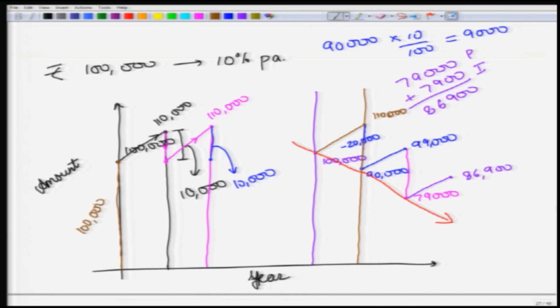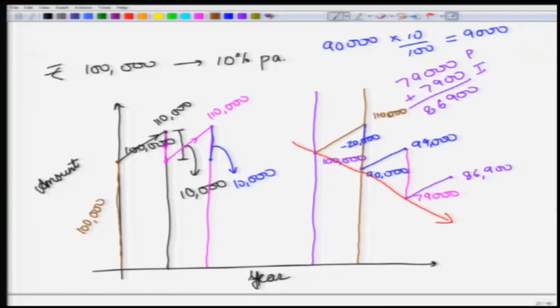So, if you were to clear cut the forest, if you were to extract all the amount that was there in your bank account, what would it be? So, this scenario is saying that the amount will be 100,000 rupees. At this point of time, the amount is 110,000 rupees. At some other point in between, probably it is 105,000 rupees, and so on. So, this is what the second meaning of yield talks about. If you were to clear cut the forest, what is the total amount of timber that you will have.